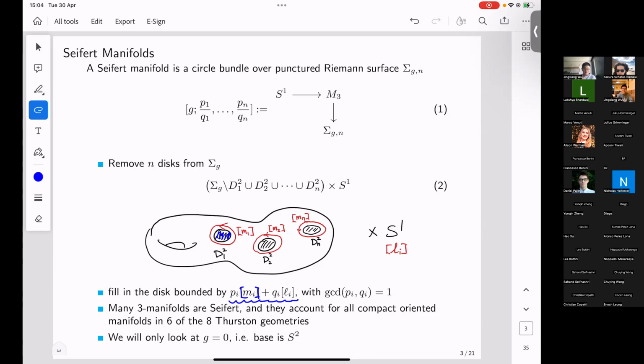Many three-manifolds are Seifert, and there's a famous theorem, it was a conjecture but now it's a theorem, from Thurston that there are 8 types of geometries in 3D, and 6 of them are Seifert. Today we'll only look at when the base manifold is a sphere, so when the genus is 0. It will be interesting to generalize to higher genus. Let me know if you have any questions.